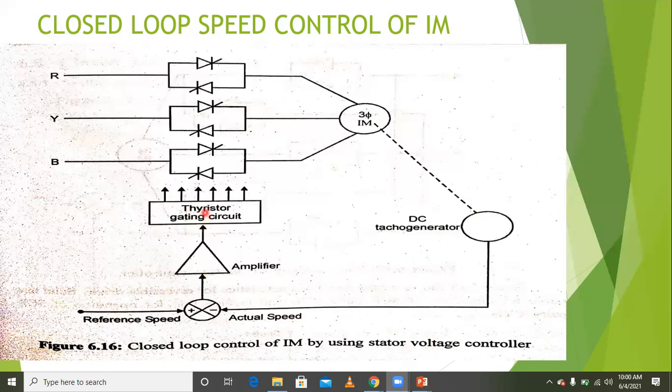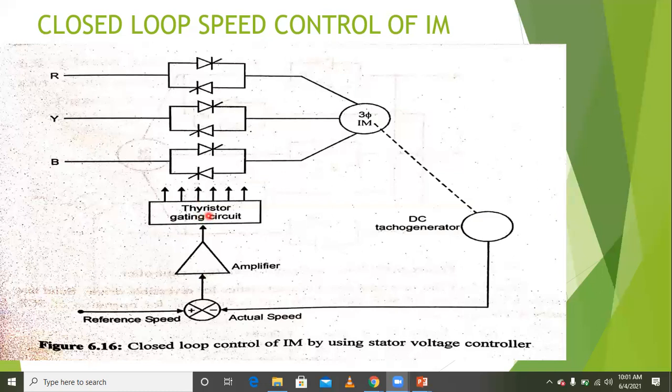The thyristor gating circuit controls the thyristor firing angles of the AC voltage controller, the 3-phase full wave AC voltage controller. This changes the terminal voltage, and hence the motor speed changes.